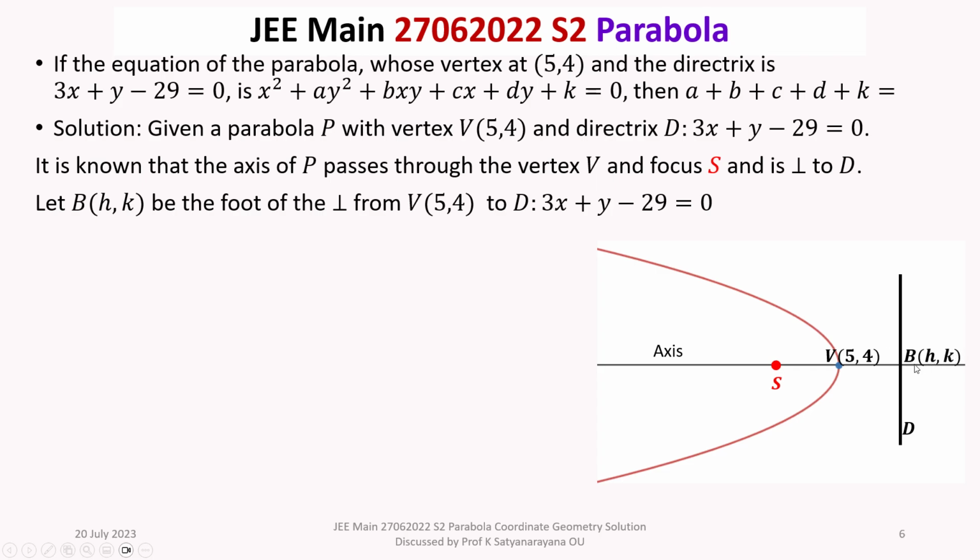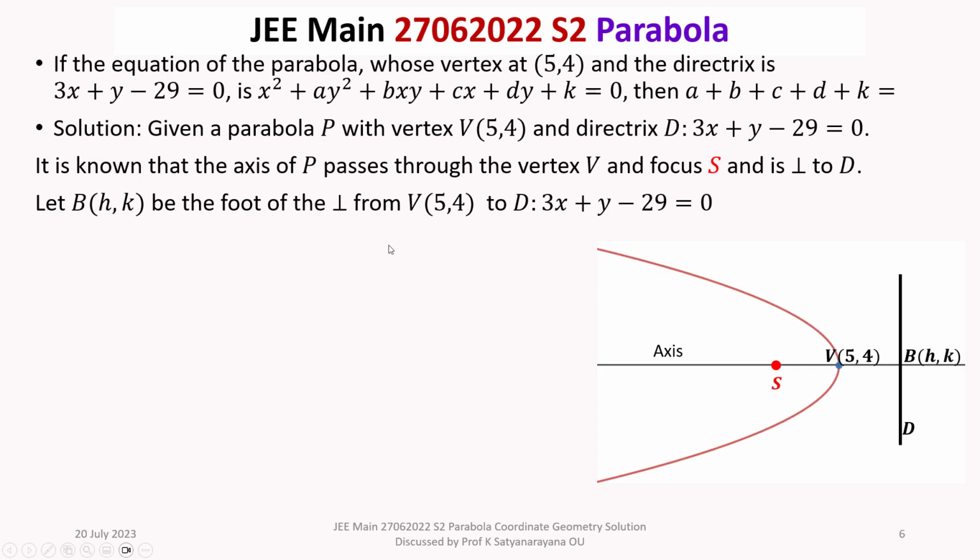What is this? B(h, k) is the foot of the perpendicular from the vertex V of the parabola onto the directrix D. So we will now find out (h, k).